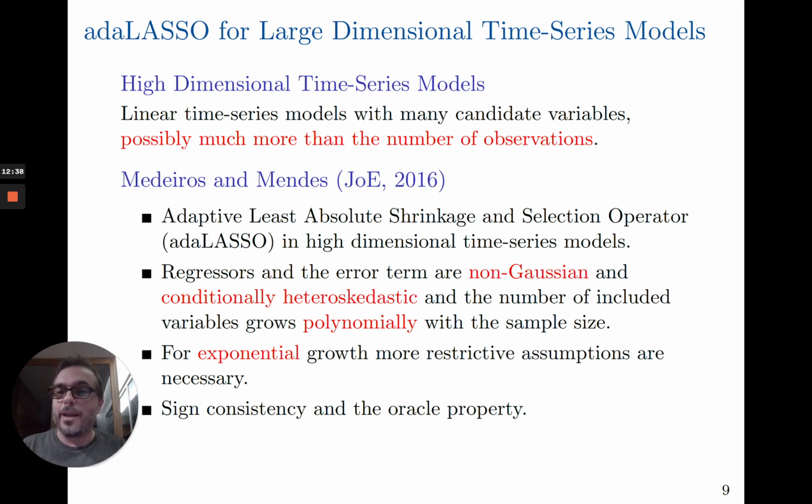So it's basically saying the following. Take your quadrillion variables, run an adaptive lasso, and the asymptotic distribution for the non-zero parameters will be the same as if we knew the right set of variables and were just running an OLS regression with them.